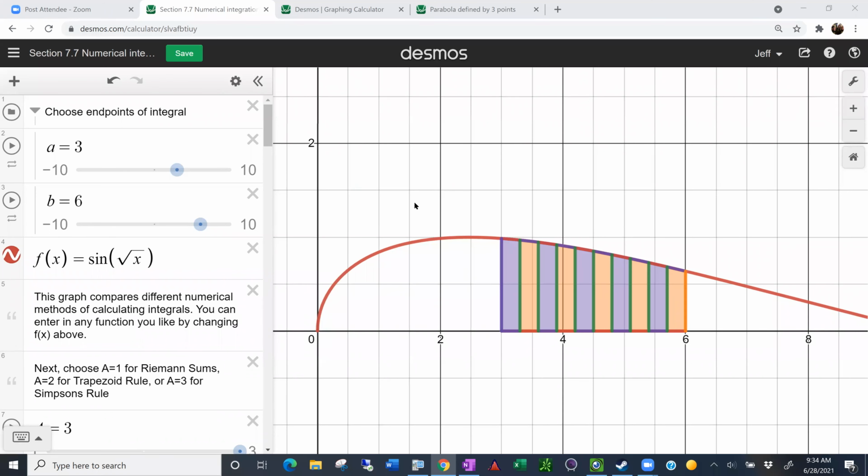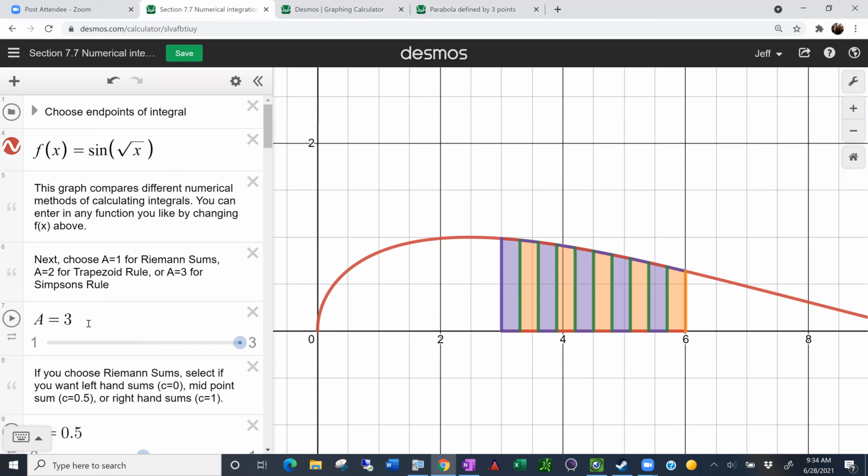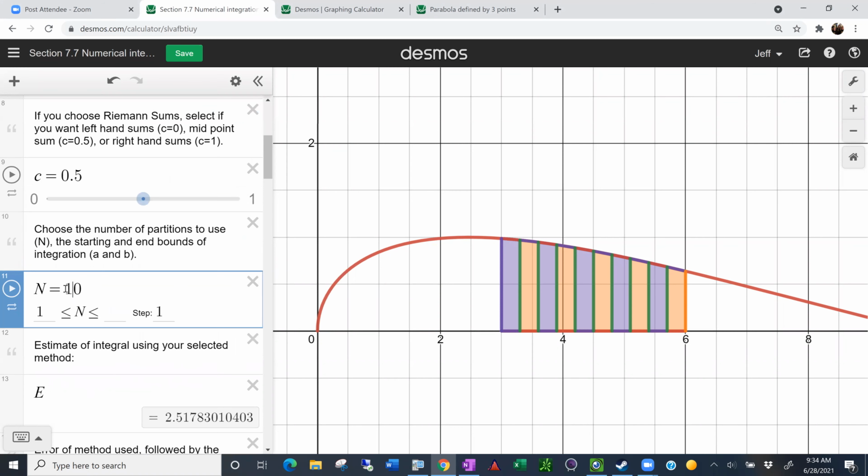Visually, this is what we're looking at. So this is our interval, 3 to 6. We've got different subintervals. Actually, we got too many there. Let me change that. We don't want 10, we want 6. 6 subintervals.